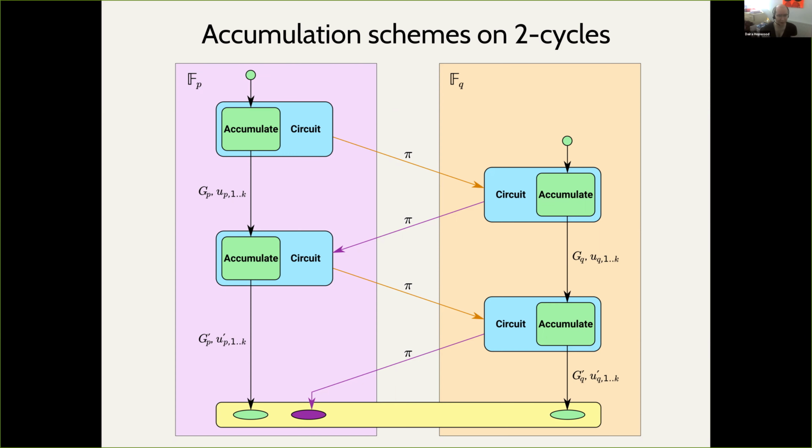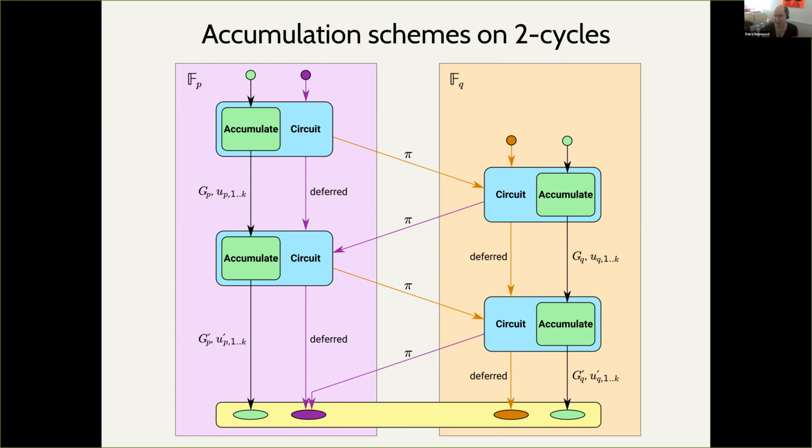But even this is a little bit of an oversimplification, because in practice, our proof consists of elements from both fields. So what we do is we send over the parts of the proof that are easy to check in the other field to the other proof system, and we keep the ones that are easy to check in our own field for the next step that we're doing in the same field.